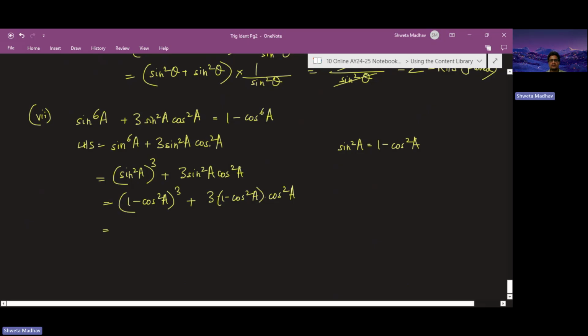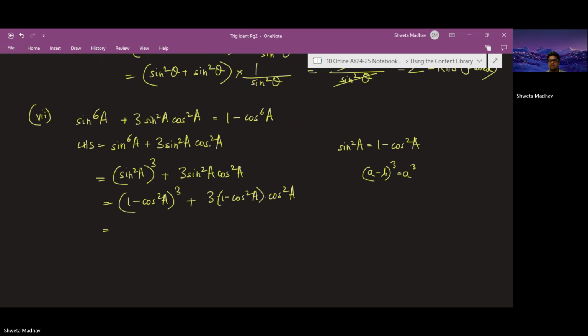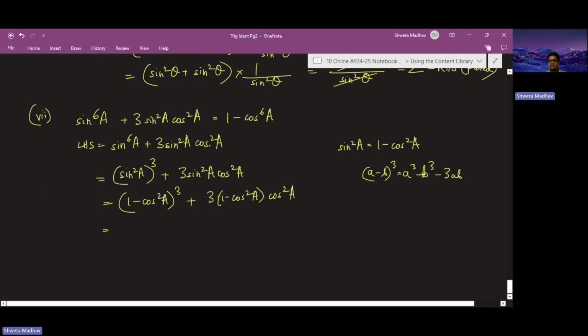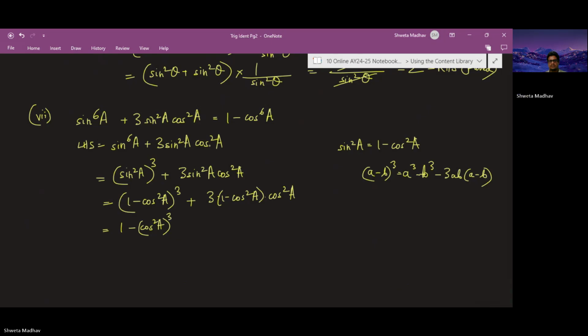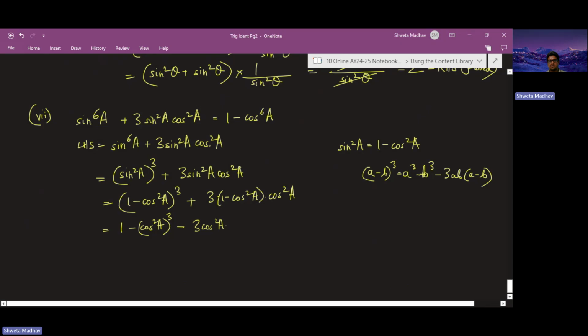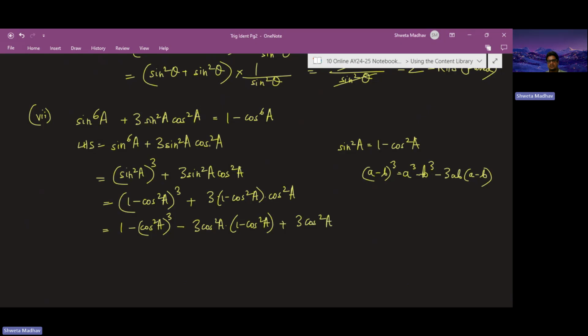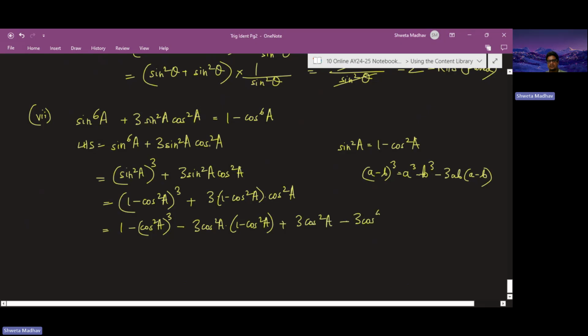So you know that a minus b whole cube is given as a cube minus b cube minus 3ab into a minus b. So this will be 1 minus cos square a whole cube, minus 3 into cos square a into 1 minus cos square a. Then this will be 3 cos square a, then minus 3 cos power 4a.